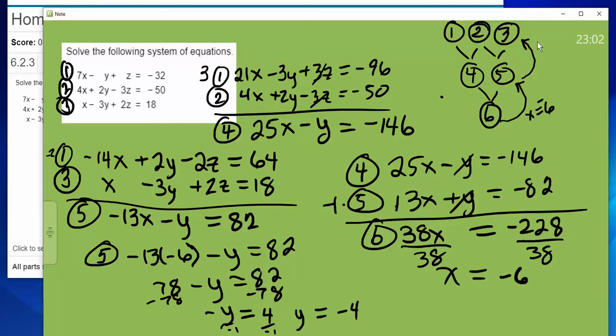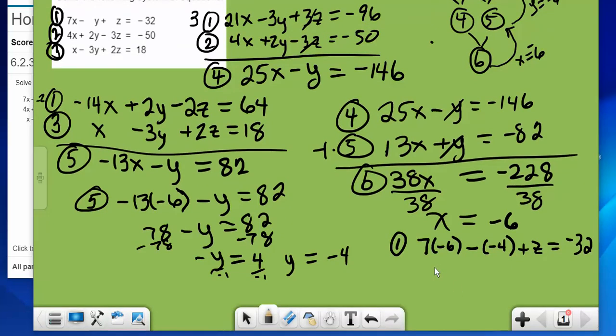So now we're going to plug in both x equals negative 6 and y equals negative 4 into 1, 2, or 3. Which one looks the easiest? And we want to solve it for the remaining variable, which is z. So we'll just plug it into number 1. So for 1, we have 7x minus y plus z equals negative 32.